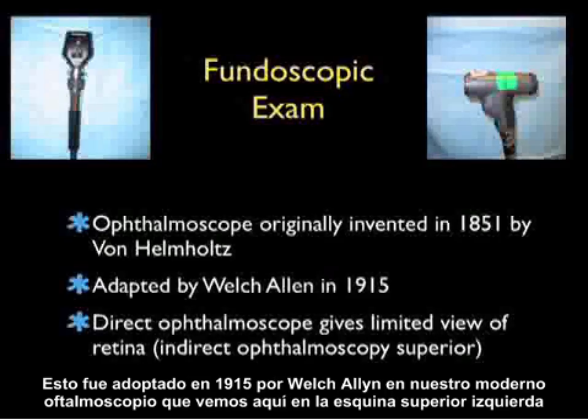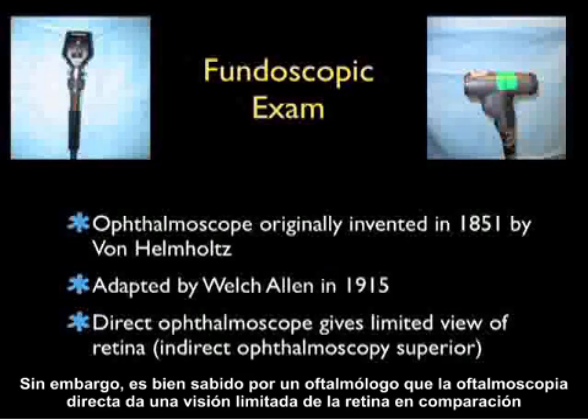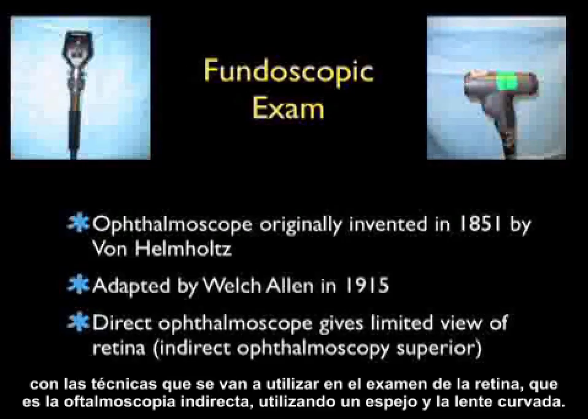This was adapted in 1915 by Welch Allyn into our modern ophthalmoscope that we see here to the upper left, and we've had a slight improvement with the fundoscopic gun shown here towards the right, which may give a better view of the retina. However, it's well understood by ophthalmologists that direct ophthalmoscopy gives a limited view of the retina in comparison to the techniques they use on examination of the retina, which is indirect ophthalmoscopy using a mirror and curved lens.